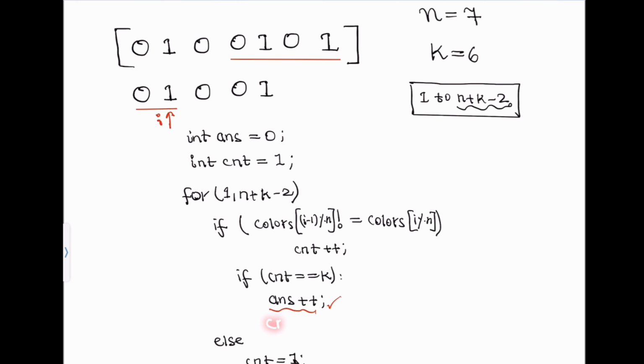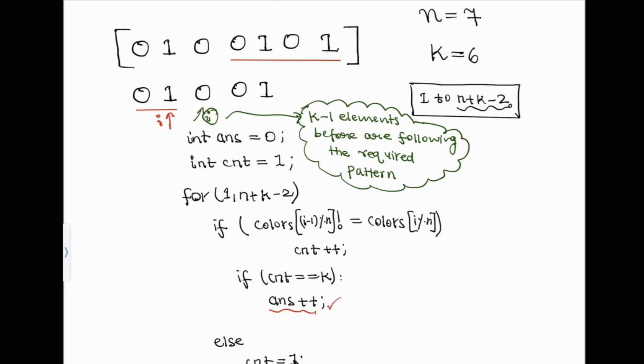Now if we set our count here as equal to 1 back again, then it won't work, because when our iterator will come over here, we will see the count is only becoming 2 while the count is actually 6, right? So what should we set our count to when our iterator comes over here? We know k minus 1 elements before it are following the alternate color pattern.